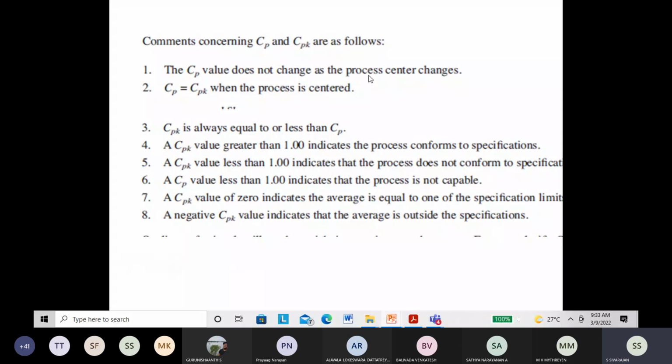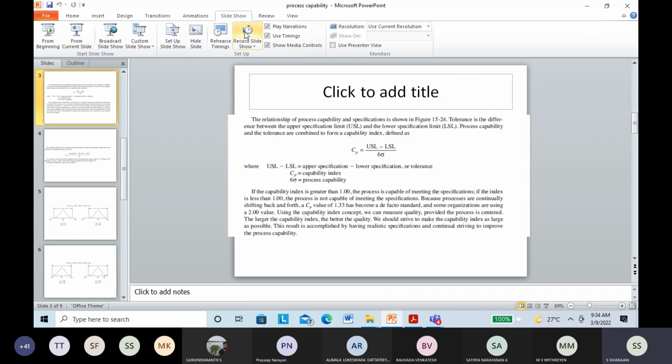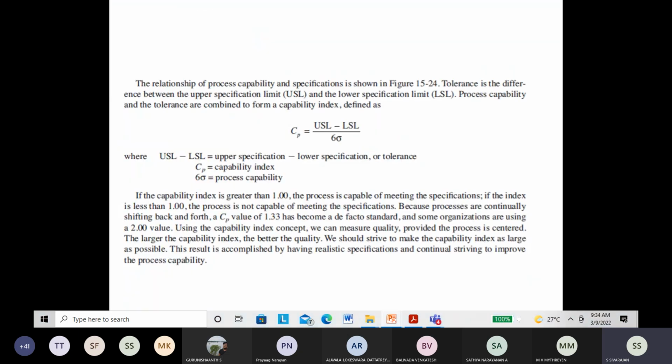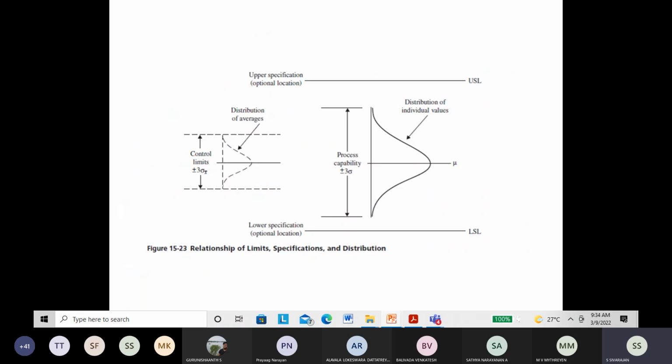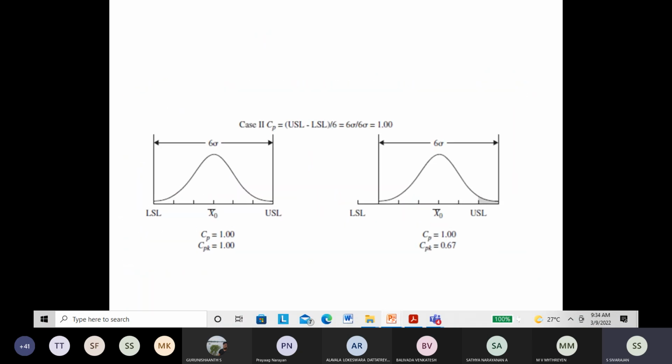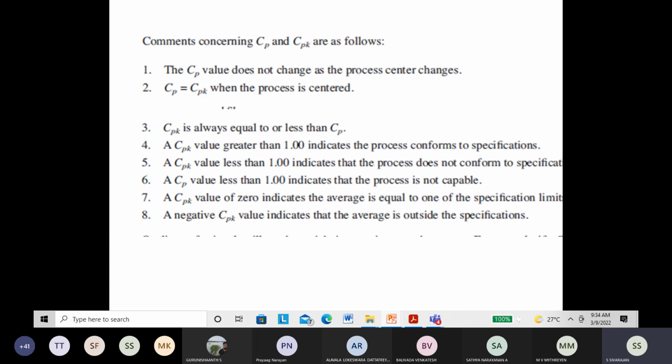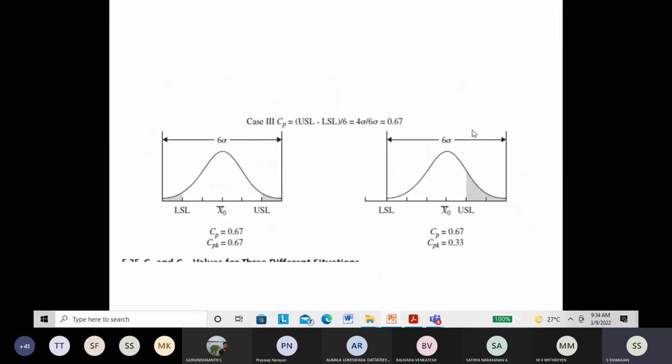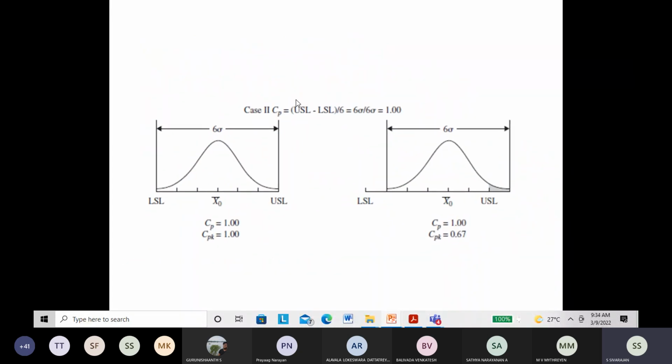These are some comments about CP and CPK. The CP value does not change as the process center changes. So that is the first comment. Look at the diagram.